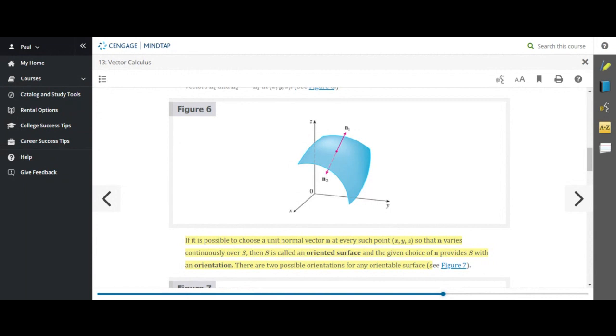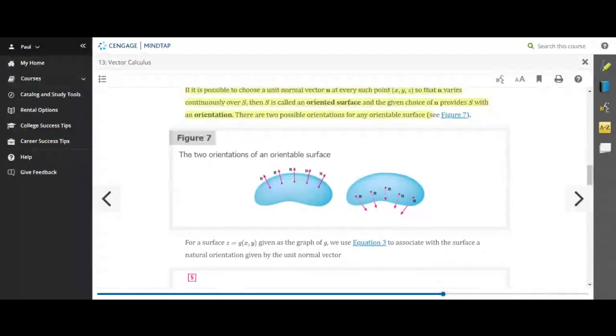Think about a fishing net, fluid going through a fishing net. Fluid could come in the fishing net from the outside, or it could go through the fishing net from the inside. That's what those normal vectors are representing. Outward flow, unit normal vector 1, or inward flow, unit normal vector 2. The orientation is as you see in figure 7: an outward orientation on the left, and an inward orientation.